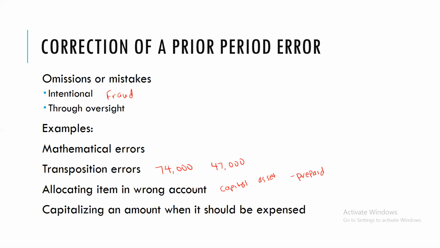Capitalizing an item when it should have been expensed. So you put something in capital asset when it should go into repairs and maintenance. This is a popular one. A lot of companies end up putting something in capital when it should have gone in repairs and maintenance, or the other way around, right? So these are examples of different types of errors that could happen.